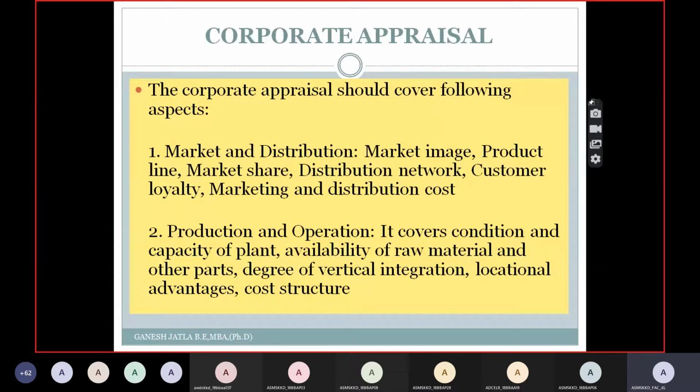You can take Bangalore, Chennai, or Visakhapatnam. So this is where you get the locational advantages. Why? Because the distribution cost will come down, as the transportation cost comes down after the product is produced. So this is another advantage when you have a proper location. These are the aspects you check in production and operation when you are doing the corporate appraisal.